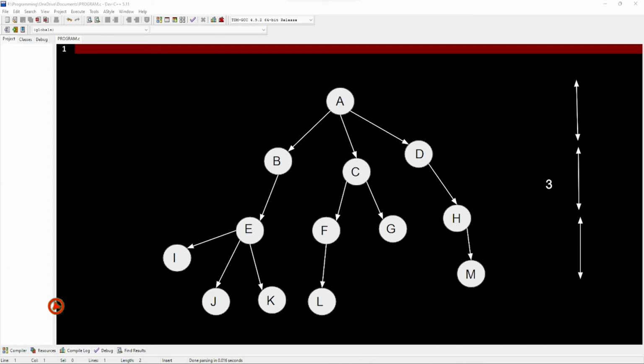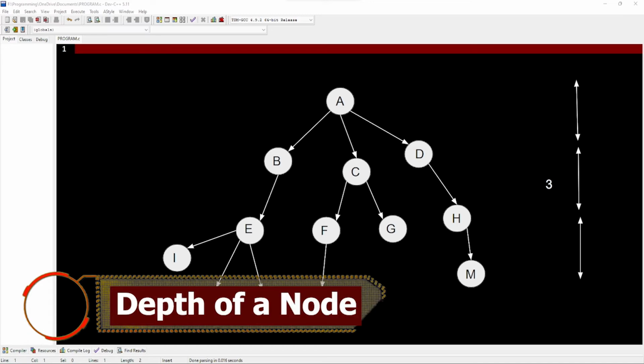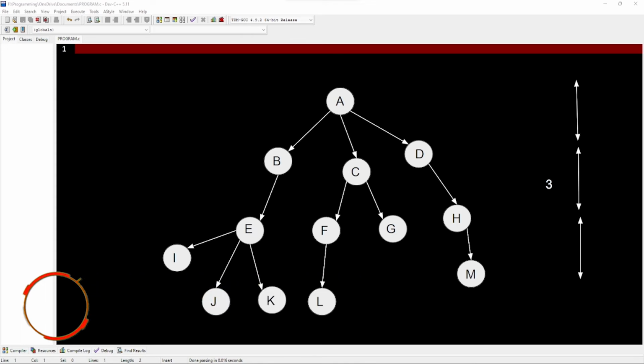Now let's move on to the next important term, which is the depth of a node. What do you mean by the depth of a node in a tree? If you consider a particular node, then the depth of that node is the total number of paths you have to traverse from that node till the root node.